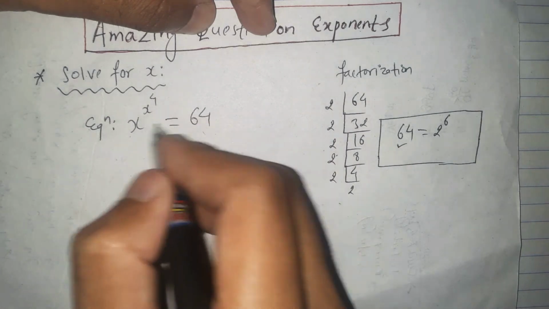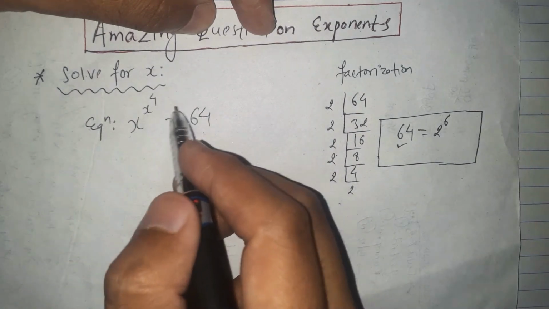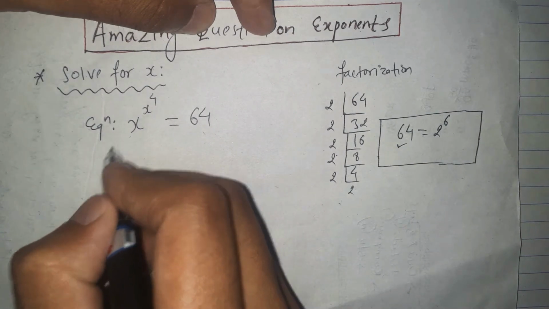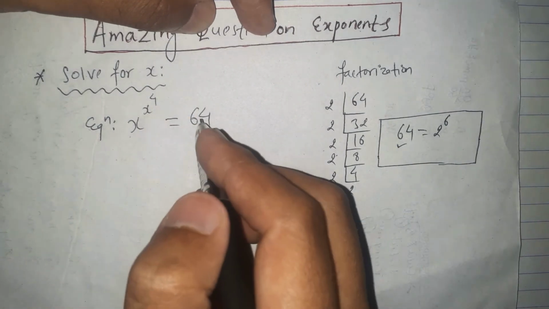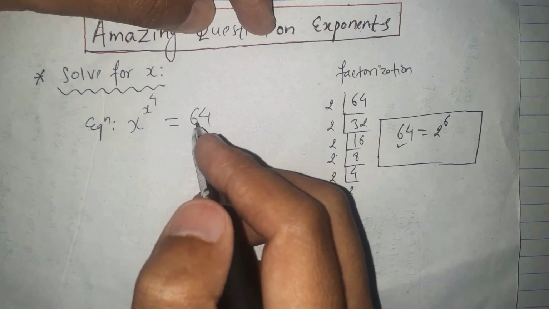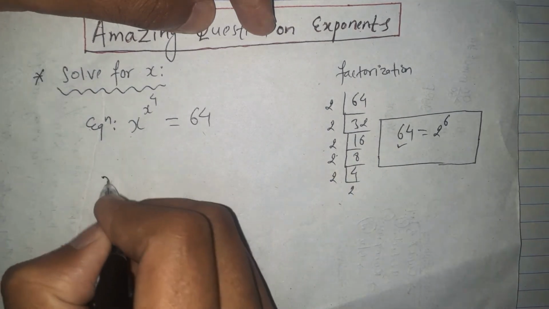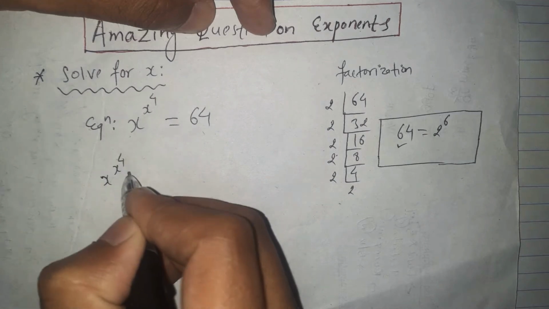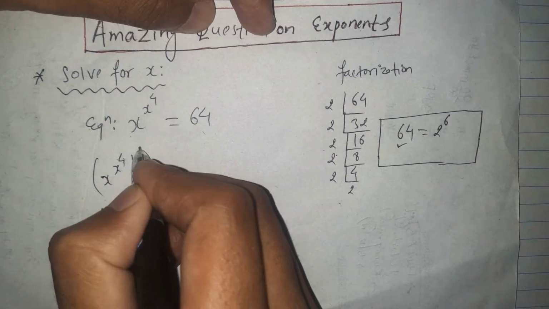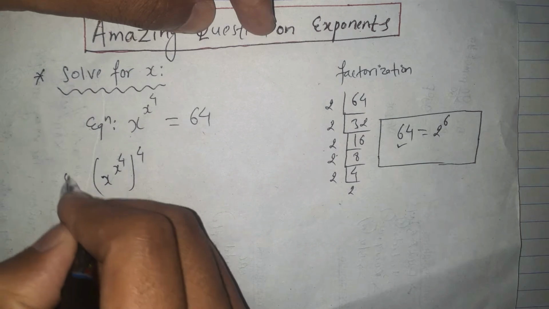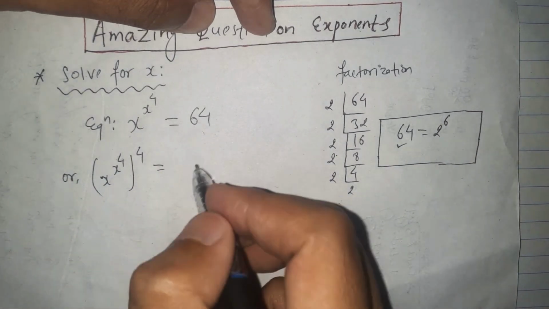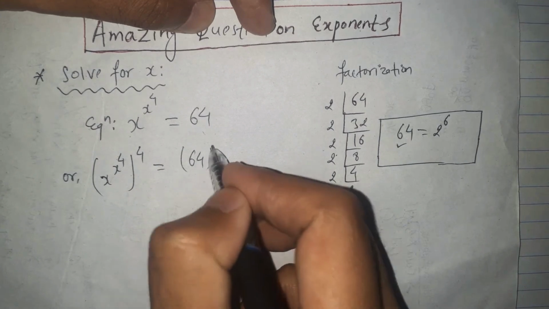Let's place the power of 4 on both sides of this equation. Putting the power of 4 on both sides, our equation becomes x raised to the power x to the power 4, and if we put the power of 4 on the left side, then we have to put the same power on the right-hand side.